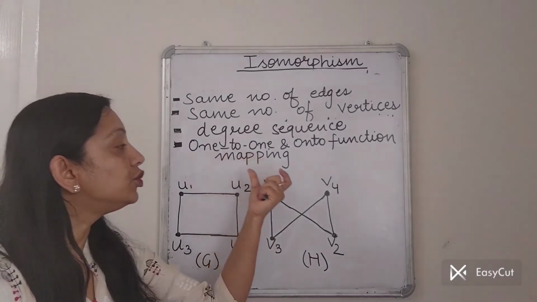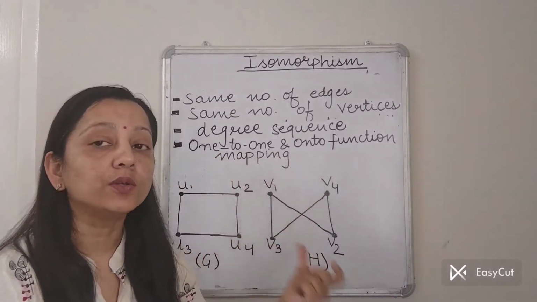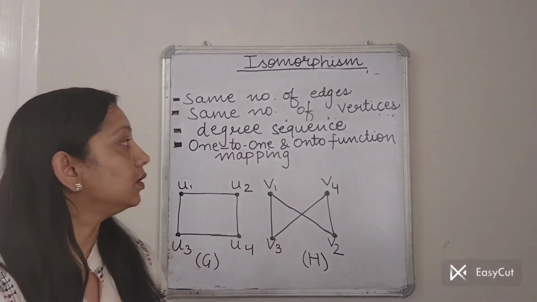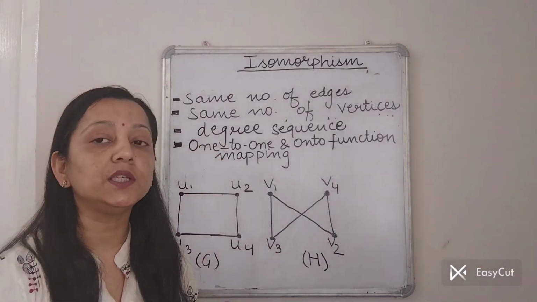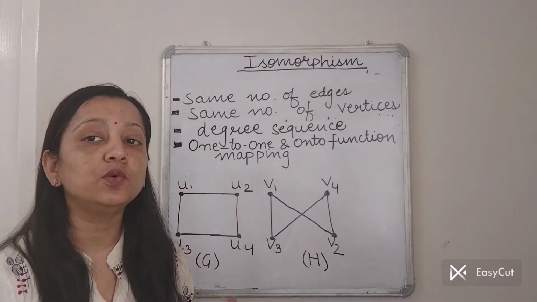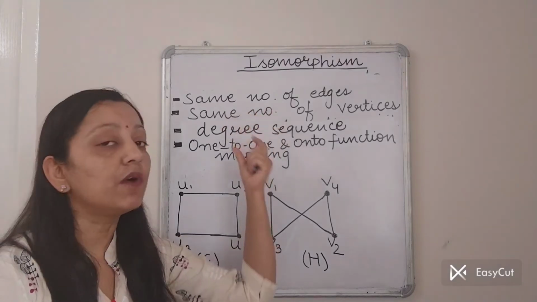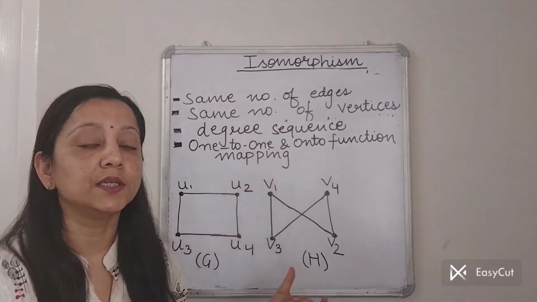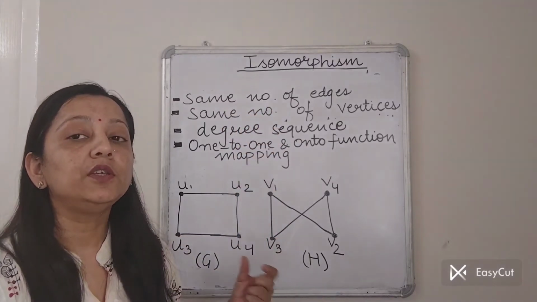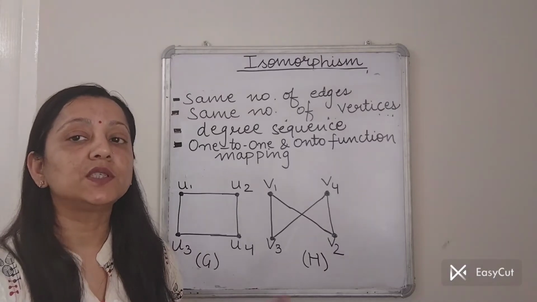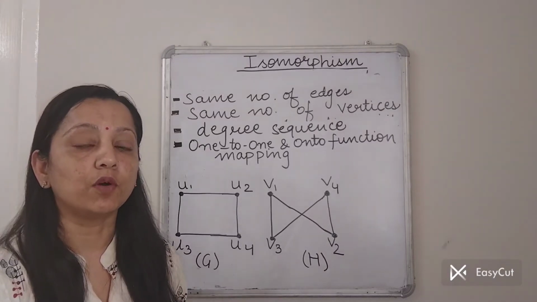Then it should have a one-to-one and onto function mapping. So these are the four properties which are a must for any two graphs to be isomorphic. If any one of the properties is not present or is not matching between the two graphs, then those graphs cannot be isomorphic, right?